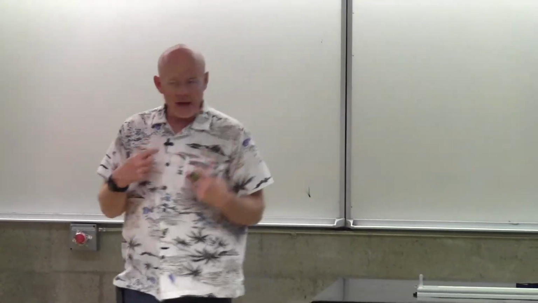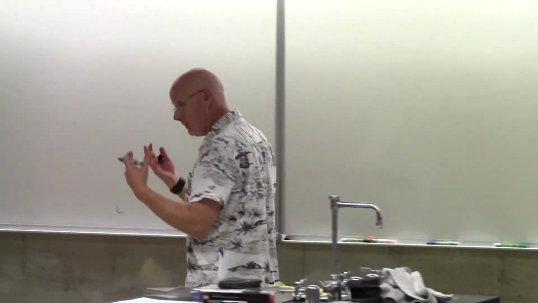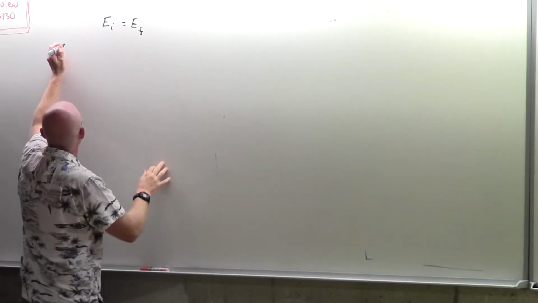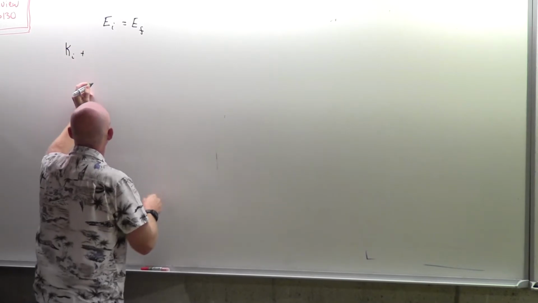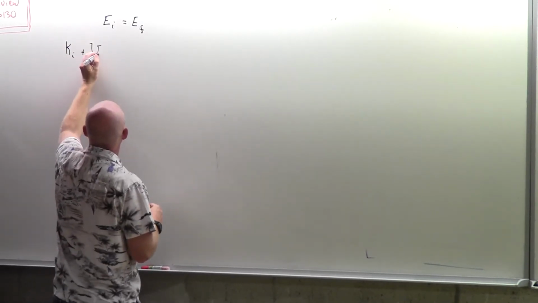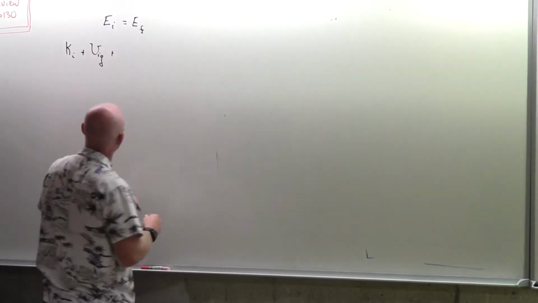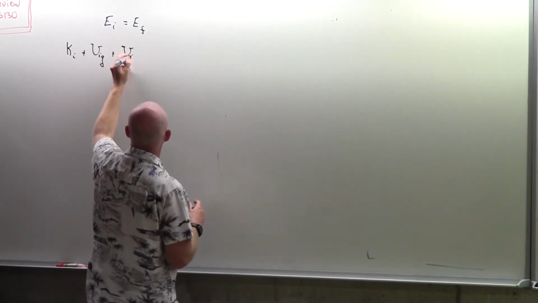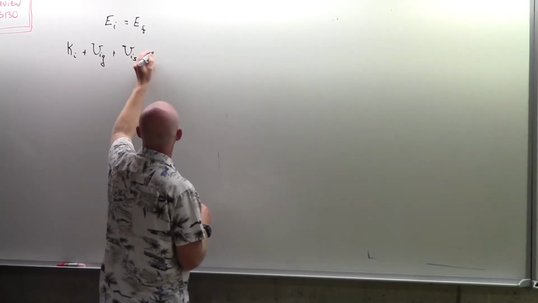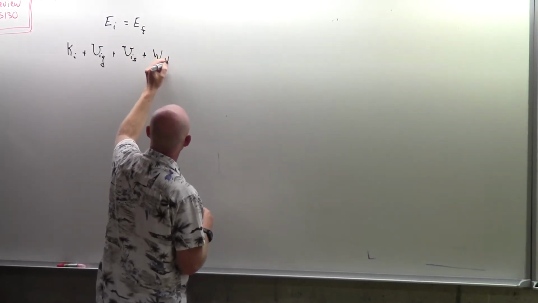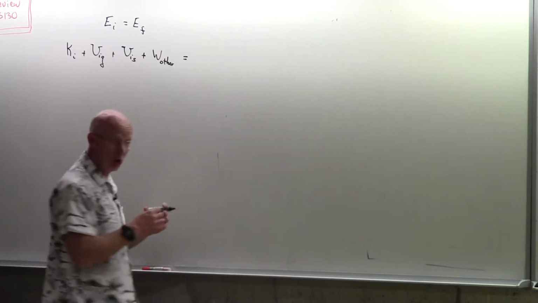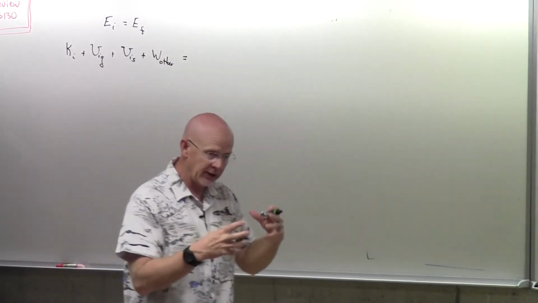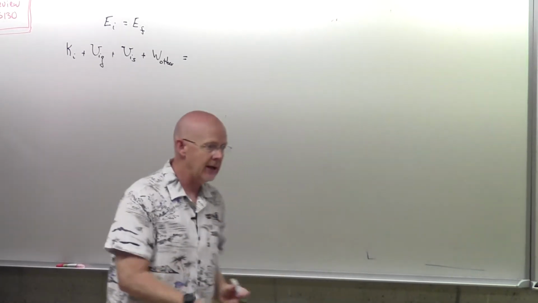And so we can see the energy change forms, perhaps. An expanded view of this would be to say the initial kinetic energy plus the initial gravitational potential energy plus the initial energy from the spring plus any additional energy or work done from an outside influence not included in our other terms could be added there.